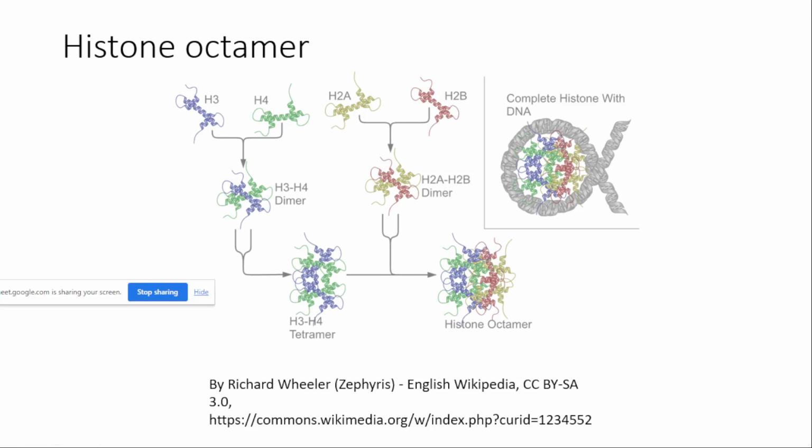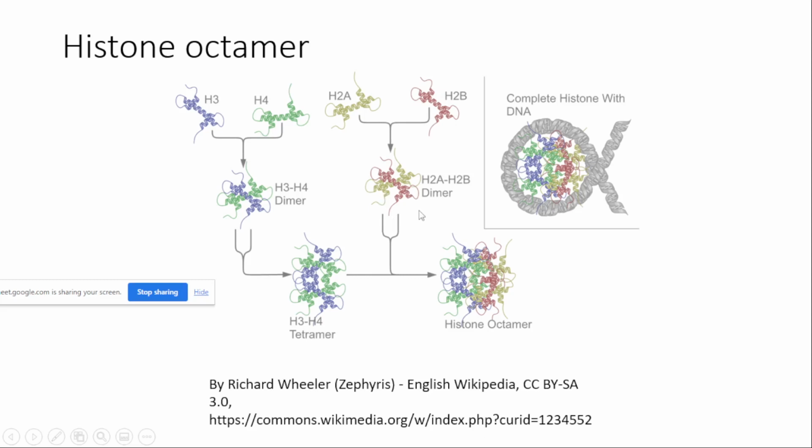That is depicted here. First, H3H4 will come to make a dimer. Then this H3H4 dimer and another H3H4 dimer will come and make an H3H4 tetramer. Similarly, H2A and H2B come and form an H2A H2B dimer.